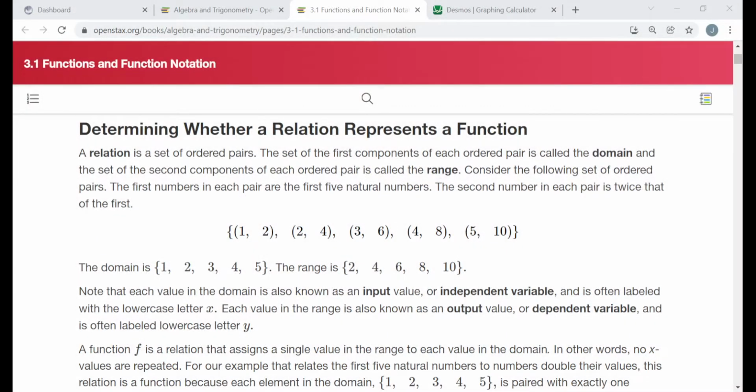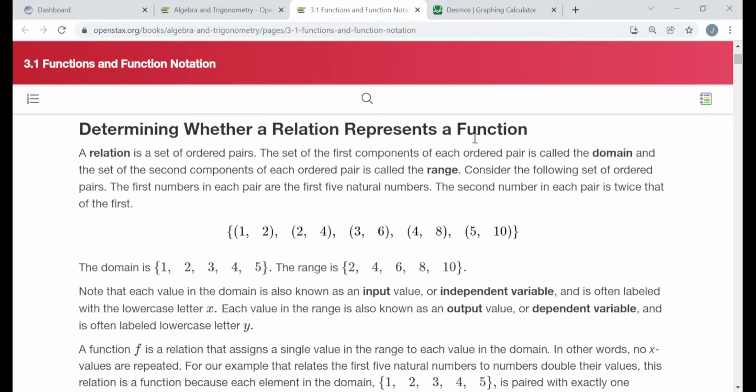Now, each example I'm going to be doing in this video is taken directly from a free online textbook at openstax.org. I'm in their Algebra and Trigonometry text, section 3.1, titled Functions and Function Notation, and I'm working under the heading Determining whether a relation represents a function.